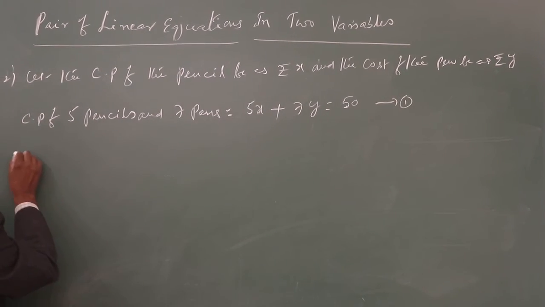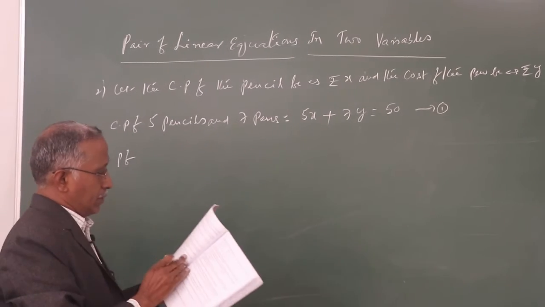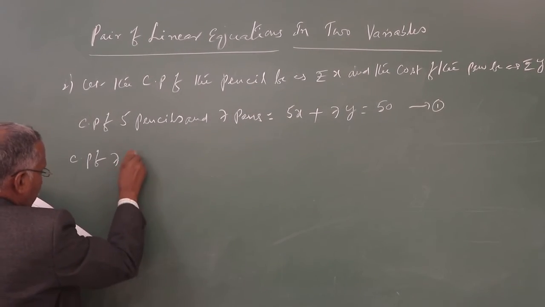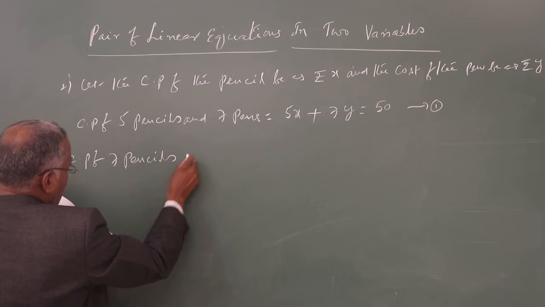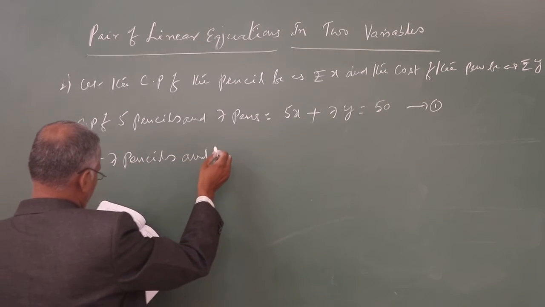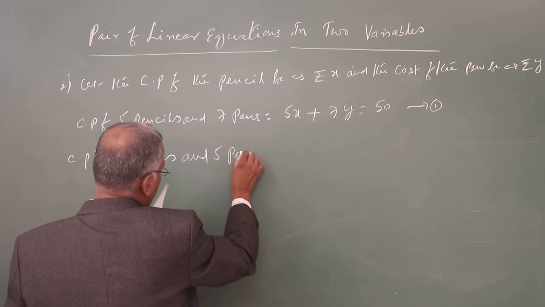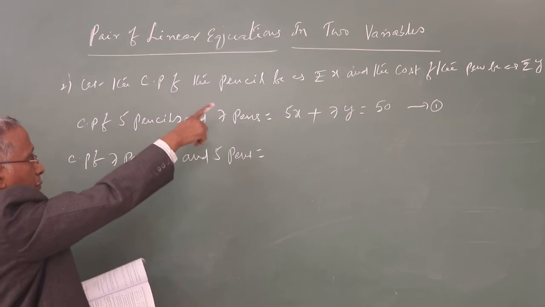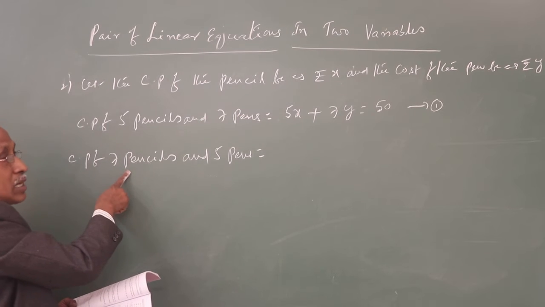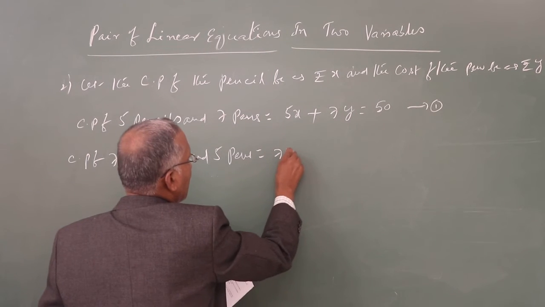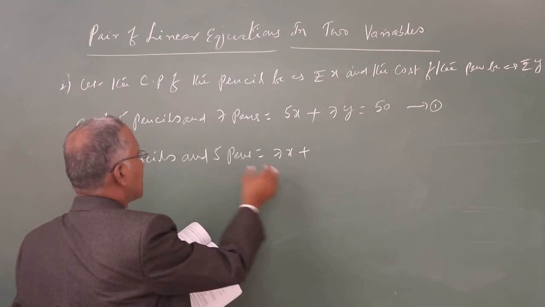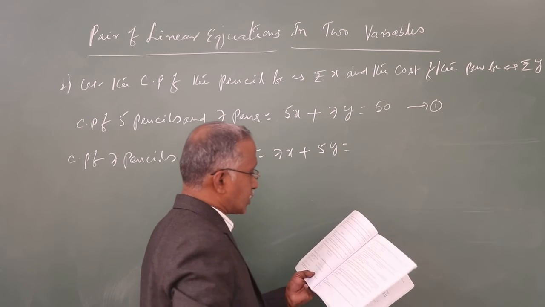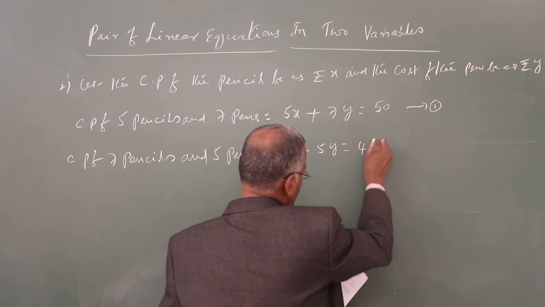Similarly, they have given 7 pencils and 5 pens. When the cost of a pencil is X rupees, the cost of 7 pencils becomes 7X, plus in the same way the cost of 5 pens becomes 5Y, which equals 46 rupees.